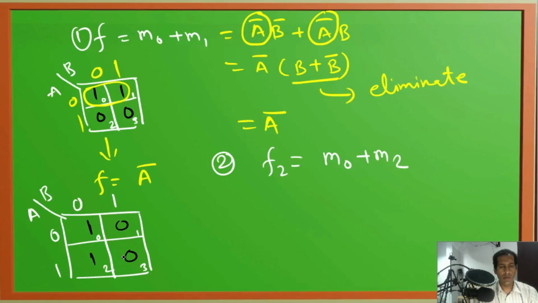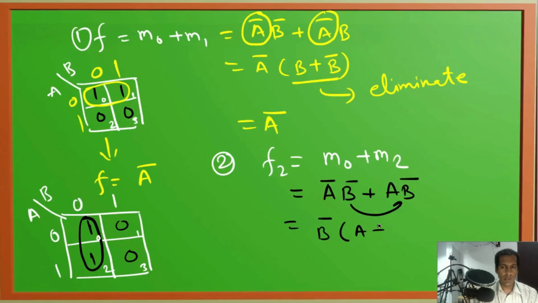Remaining will be 0. So we will make a pair of these two. Now for these two, the common term we will find out. So here m0 plus m2 is a bar b bar plus a b bar. So here b bar is common.